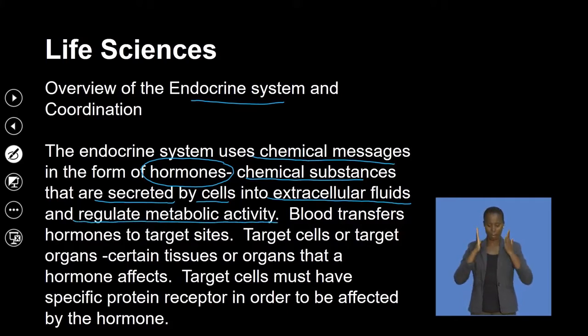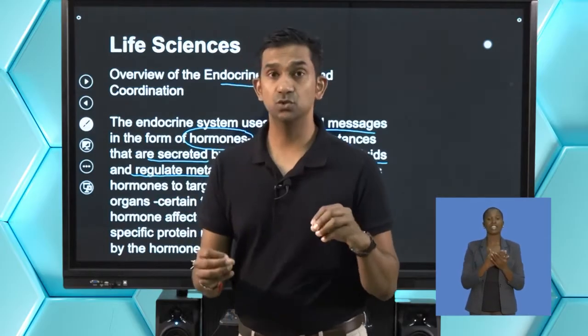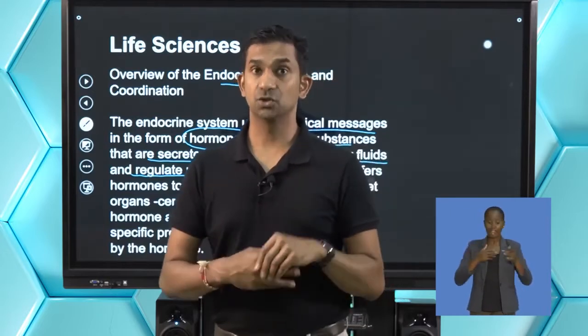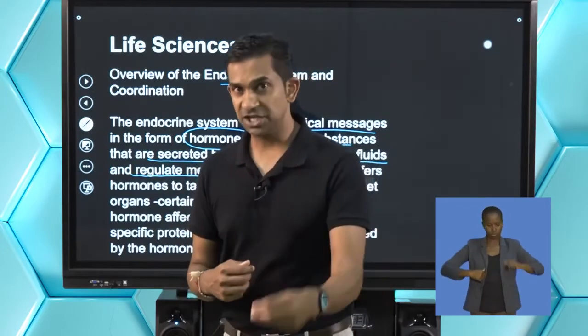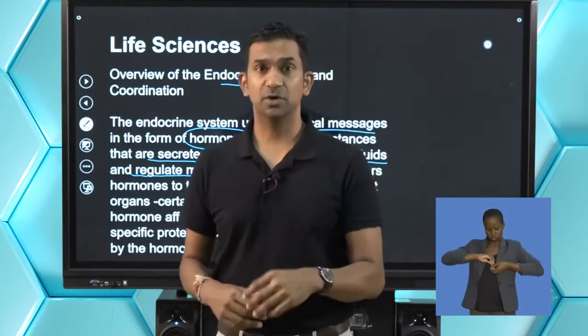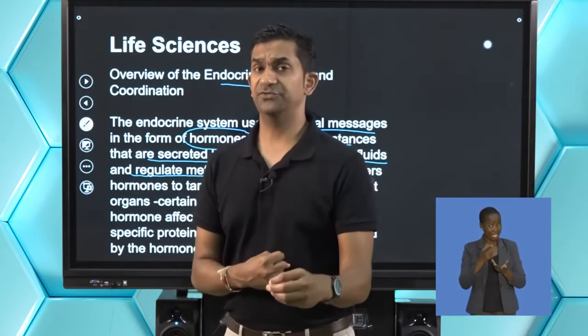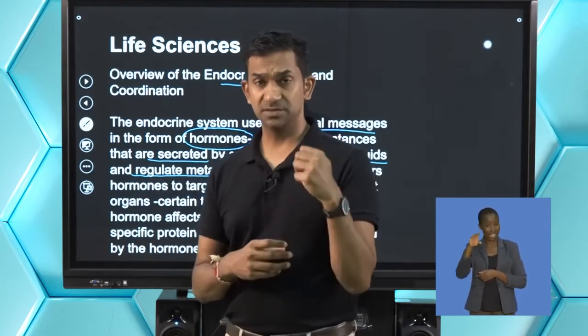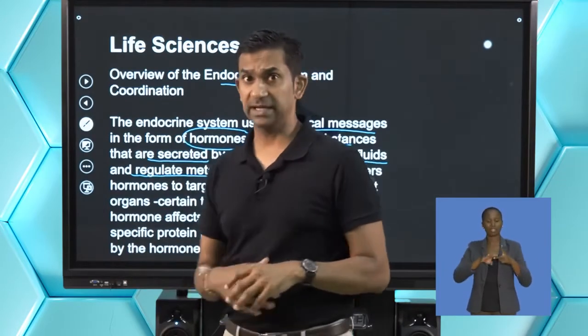Now, we've brought in the term metabolic activity. This essentially points to all the physiological processes that happen: respiration, digestion, enzyme activities. These are all metabolic processes. Many of these rely on enzymes, and many of these rely on the stimulation from endocrine glands.